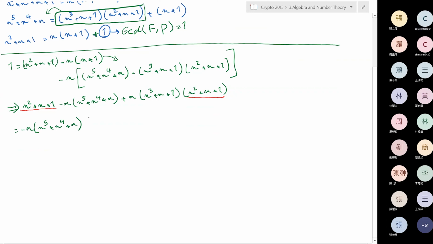And then I can factor the rest based on this equation. So I keep it at the end. I can have plus 1 times plus this other factor, x times x3 plus x plus 1. This whole thing multiplied by x2 plus x plus 1, right?